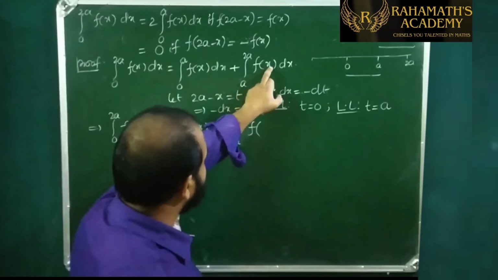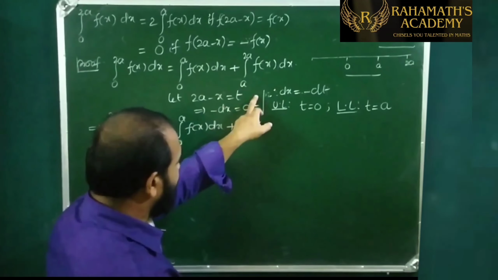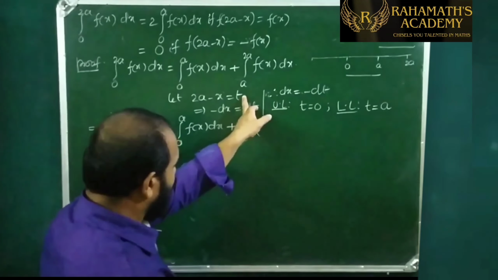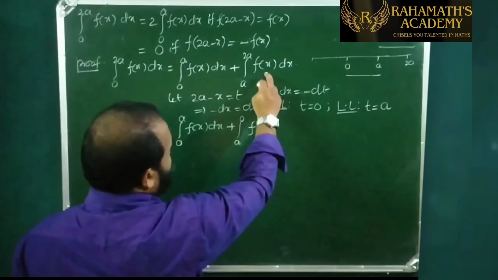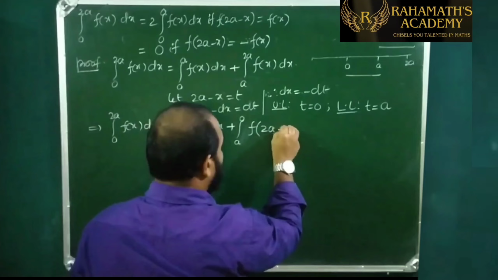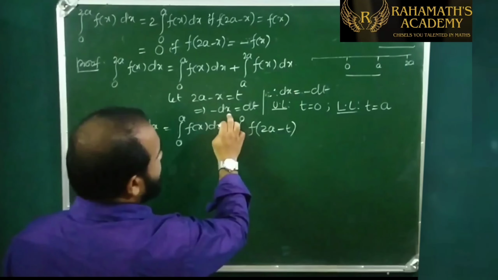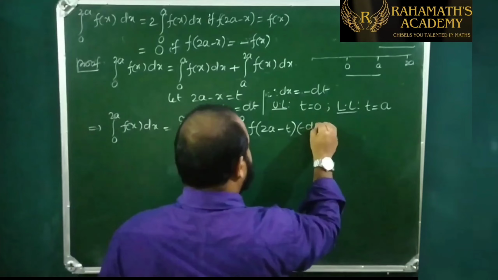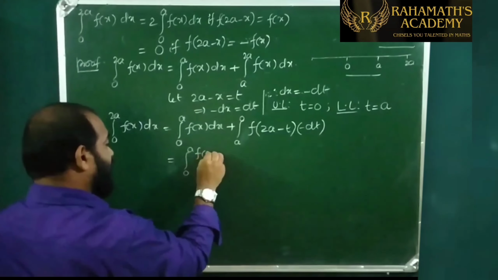I want x. So if this minus x, if you transpose here, and t if you bring here, so 2a minus t is x. So x value can be replaced as 2a minus t. So dx value is minus dt. That is equal to 0 to a f of x dx.